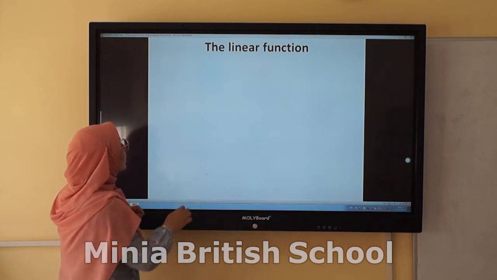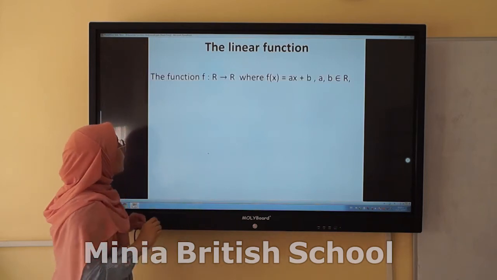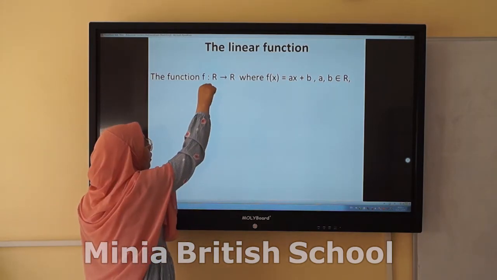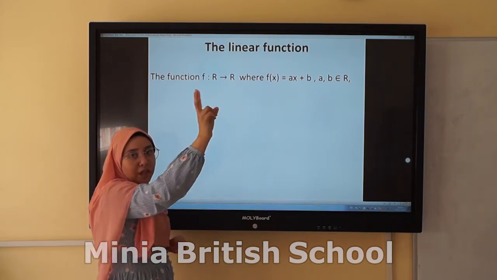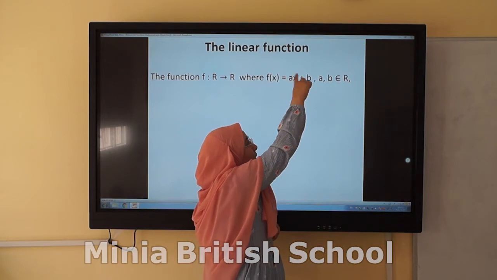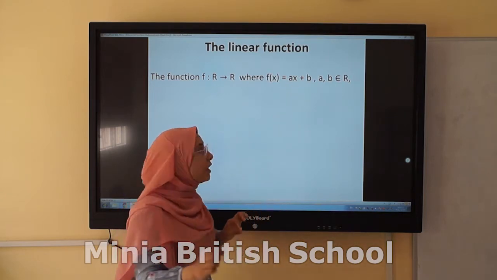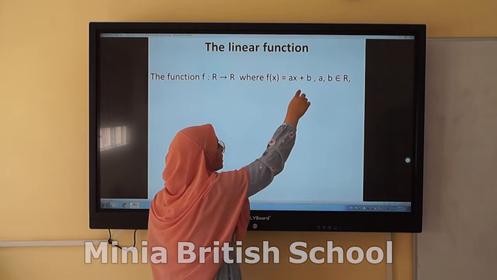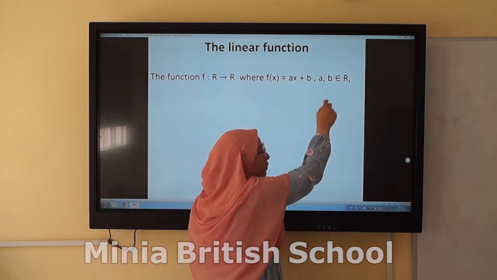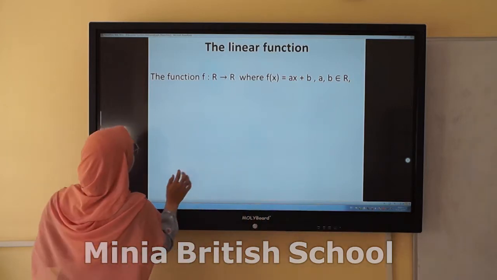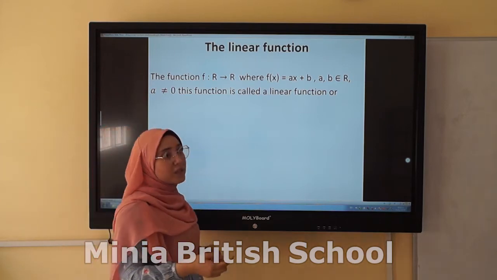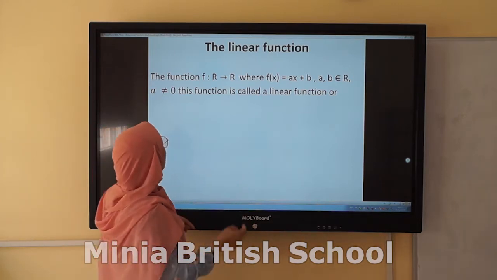Its definition is: f is a function from R to R, so the domain is R, where f(x) equals ax plus b, where a and b belong to R, and take care, a not equal to 0.